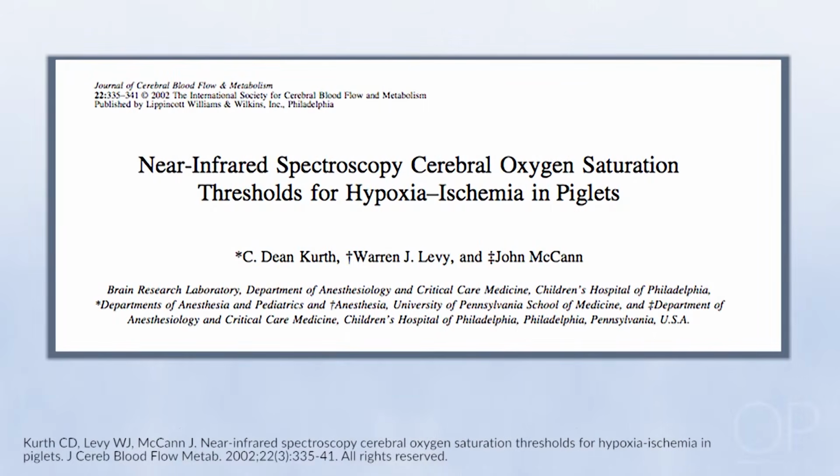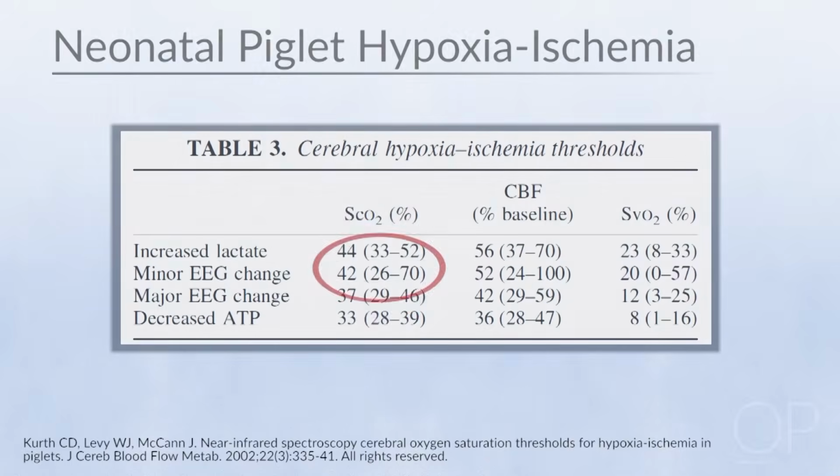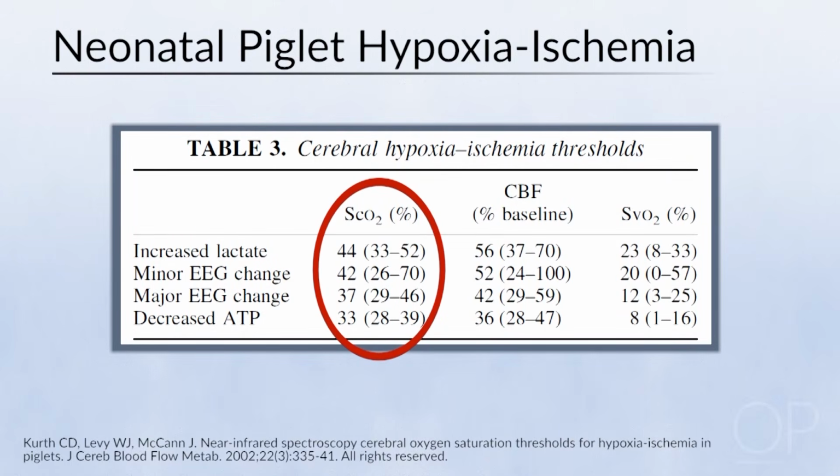Dean Kurth did a study looking at levels of functional impairment associated with cerebral oxygen saturation. Cerebral oxygen saturation data is within the red circle in this table, and the values shown are medians with 95% confidence intervals.